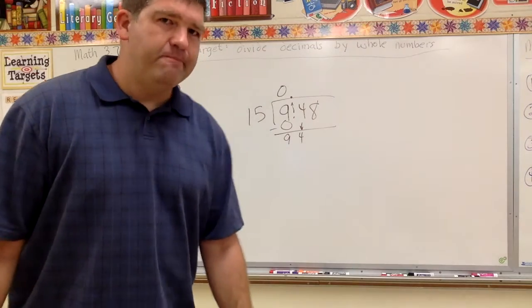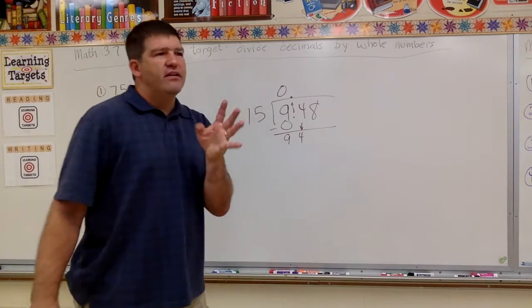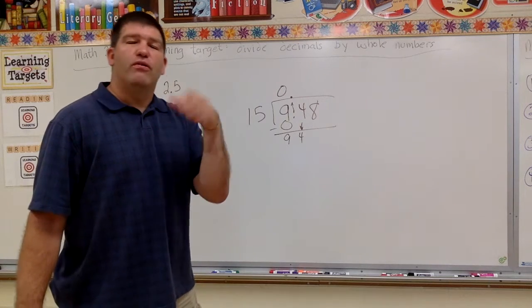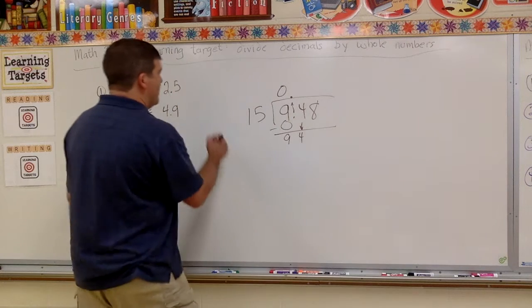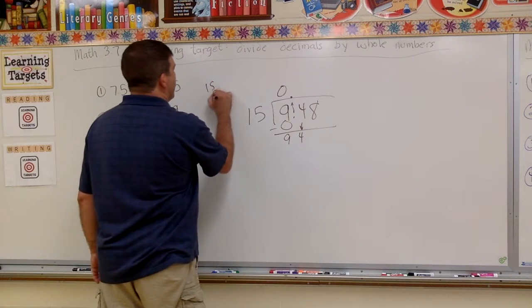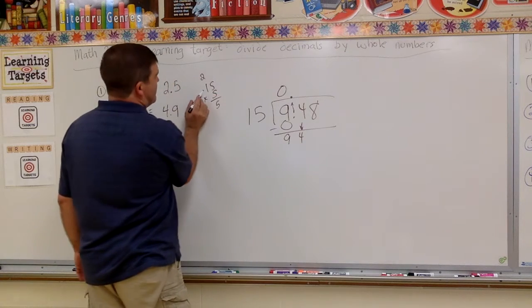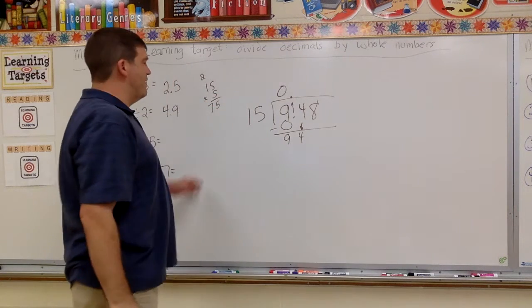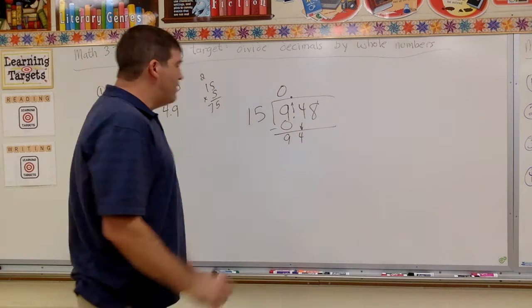Little guess and check here. I like to try either a low number like 1, or 5, or 10. So I'm going to try 15 times 5. That would be 75. Okay, 75. Now it's 94. I bet I could get one more.